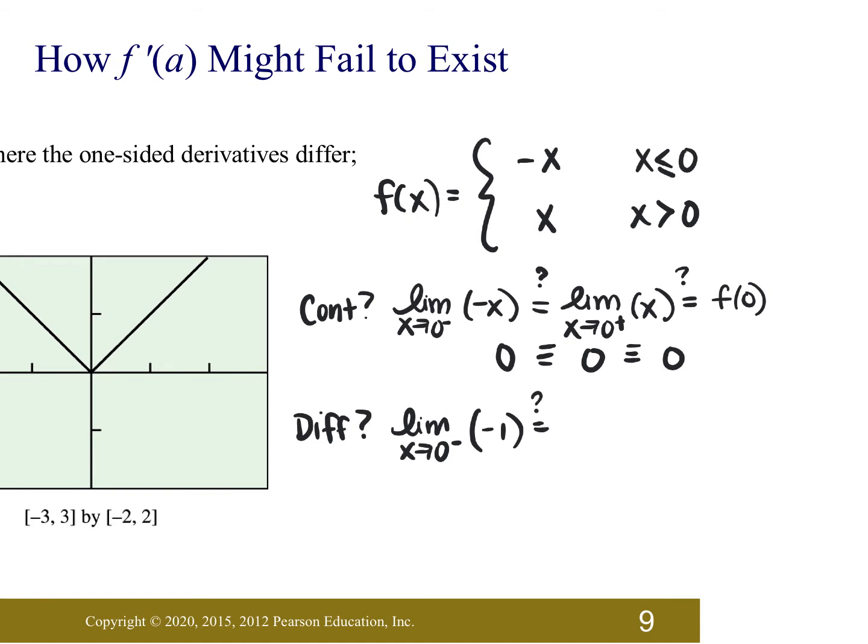Is that equal to the limit approaching from the right of the derivative of the positive piece? The derivative of that is positive 1. Those are constants, and negative 1 is not equal to positive 1. So differentiability is proven not to be true. Continuity, yes. Differentiability, no, because again, it's a hard transition.